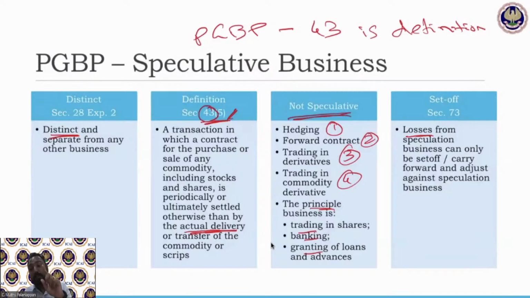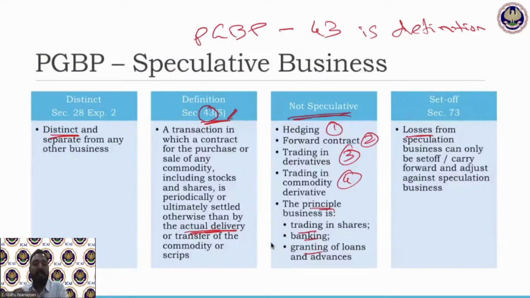Pranav, key man insurance policy is also given in salary, is also given in PGBP. How do you differentiate it? It's actually a good question. Basically, key man insurance policy in salary is from the employee's point of view. It is like a perquisite to that employee. So whatever benefit they are getting out of it is like their own income. Here, what we are talking about is the money received.